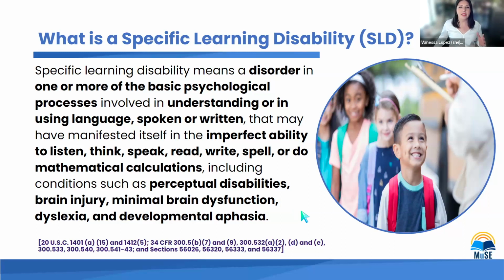So a couple of things here that I want to point out is that imperfect ability, right? Well, who has a perfect ability? However, we're talking about a disorder. So the imperfect ability is coupled with a disorder in one or more of the basic psychological processes. I also want to point out that contrary to popular belief, dyslexia is not a disability category in and of its own, but it lives under SLD.